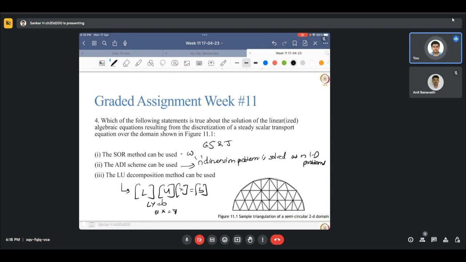And for this kind of problem, since the n dimensional problem is not fixed, since the grid points are not straight, since this is an unstructured grid, the grid points here are not exactly constant x and y values, and therefore we are not able to use an ADI scheme. Therefore, second option is incorrect. But the successive over relaxation and the LU decomposition can be used effectively in solving this problem.